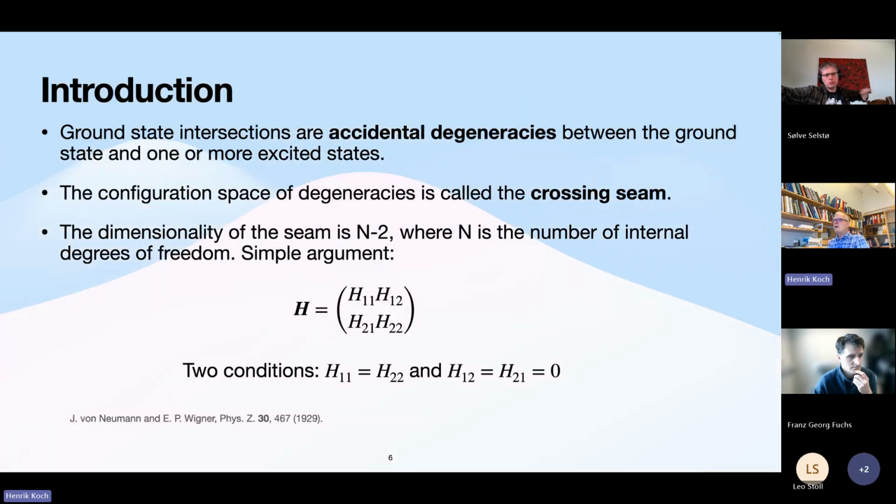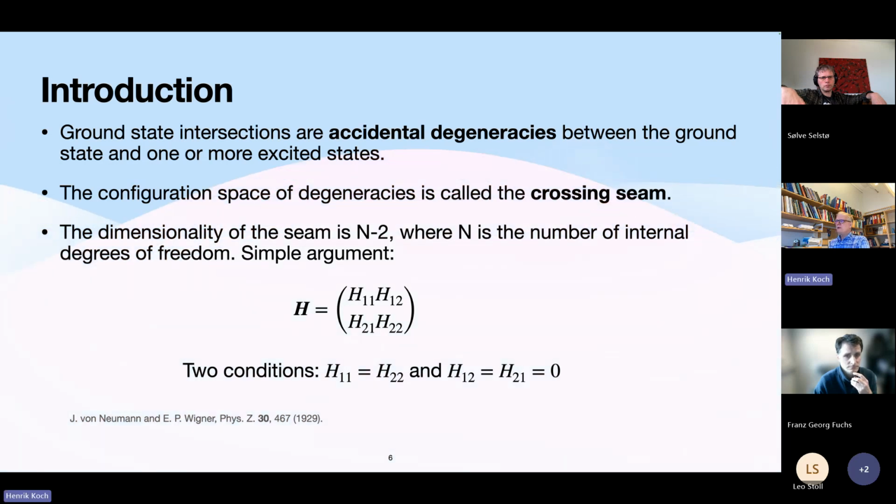Now, a conical intersection is an accidental degeneracy, so it's very difficult to predict where they appear unless there is some specific symmetry in the system. Maybe your molecule has a specific symmetry, and then it's possible to know where the conical intersection will be, but in general, it's not possible.